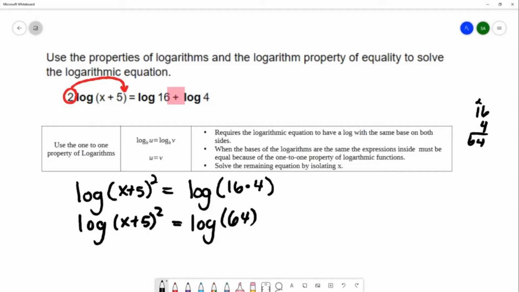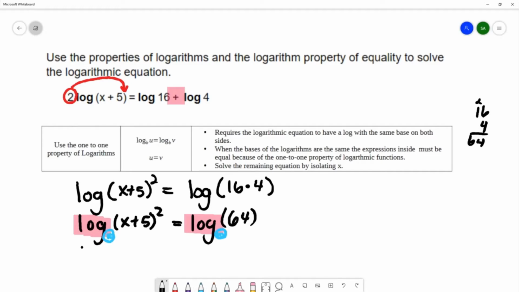So now we've written this equation with a log of the same base on each side. Take a second to see if you can remember what base is being used for these logs when we don't specify. When we don't specify, that means we have a base of 10.